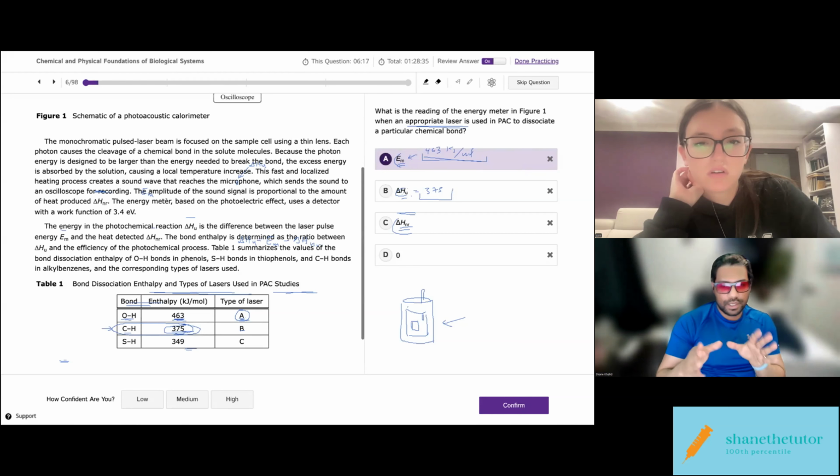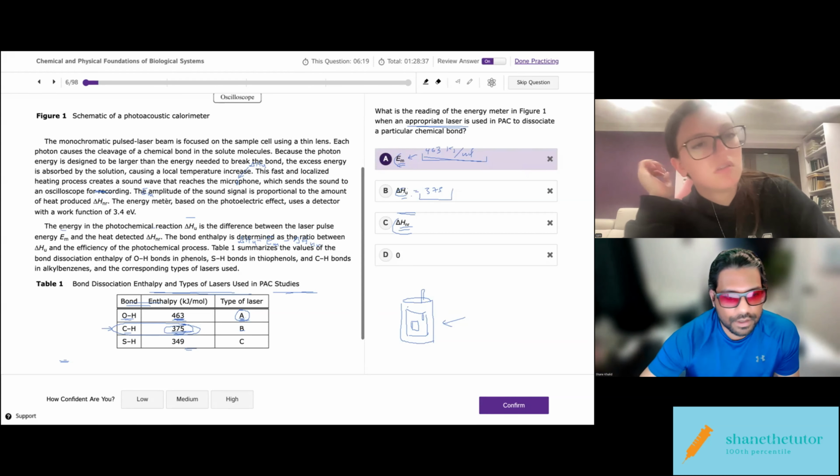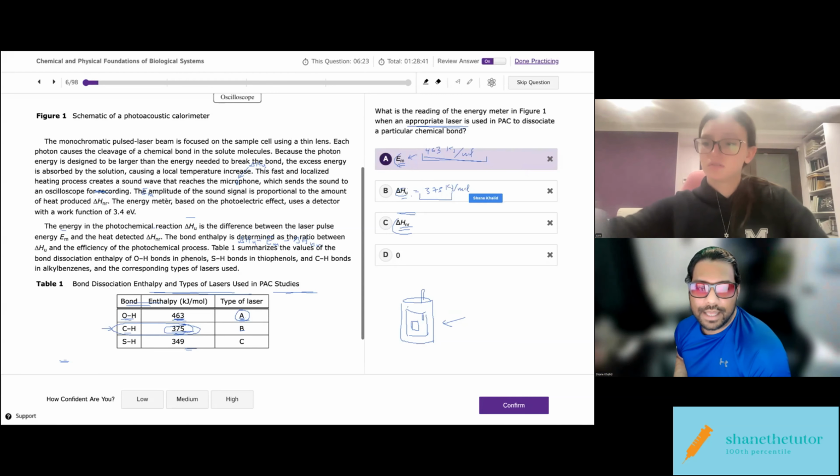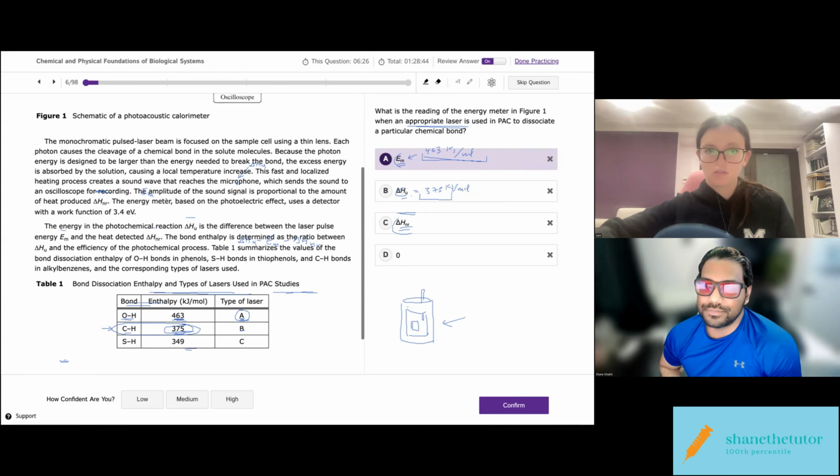If you think of the 375 kilojoules per mole here, that's how much you need to break that CH bond, right?